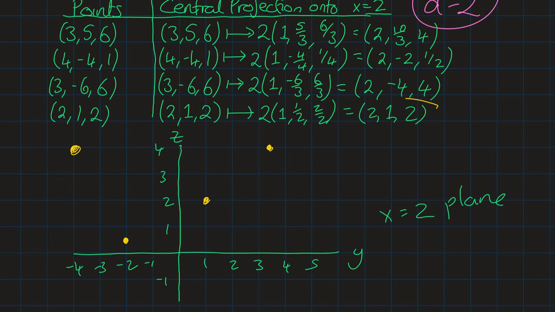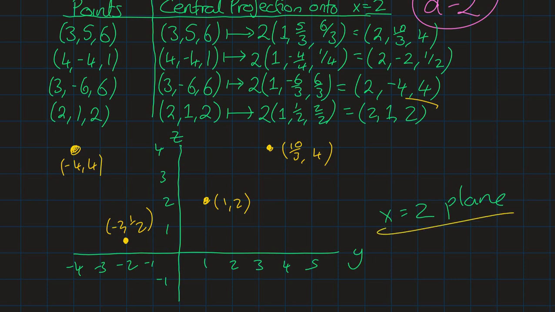I will say it's not 100% necessary most of the time if your diagram is clear, but to be extra safe, it's probably a good idea to label the points you've plotted. In terms of making sure that you get full marks on exams, I'd recommend labeling all of your plotted points. So this is minus 4, comma 4, like that. So I've plotted all these points on the x equals 2 plane.